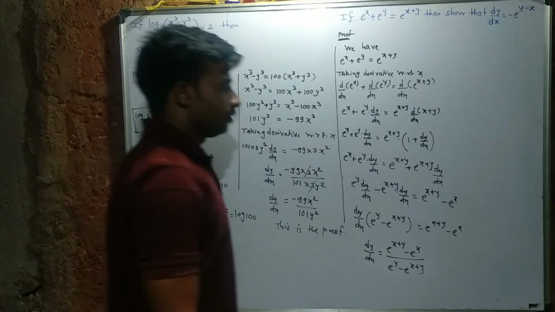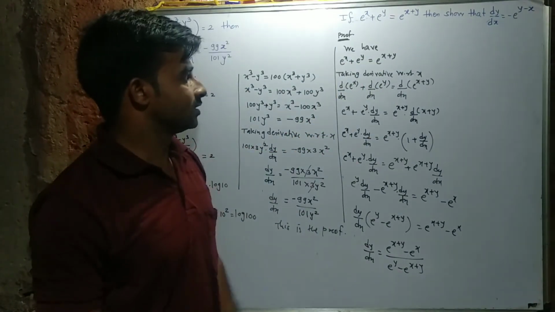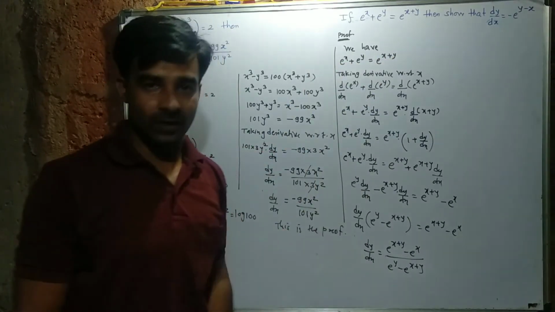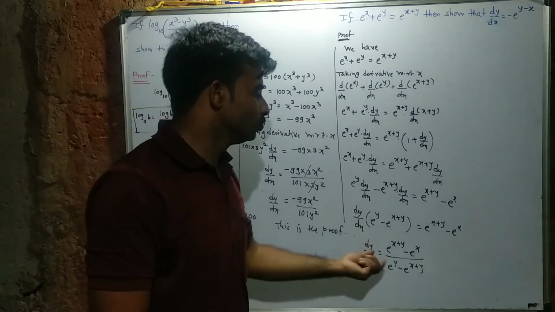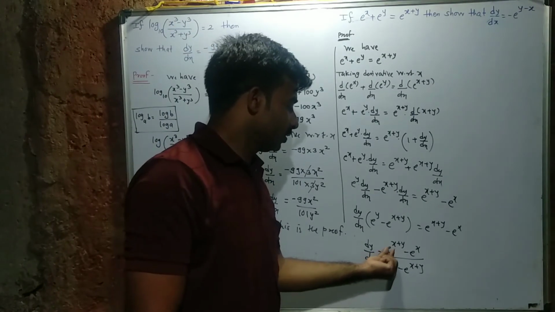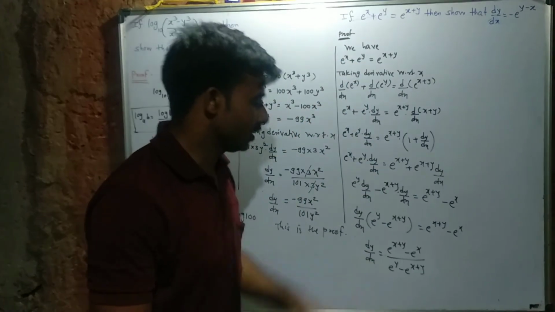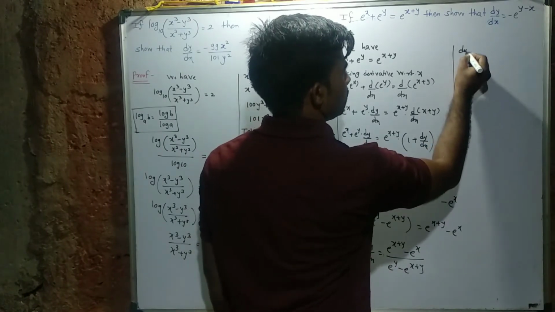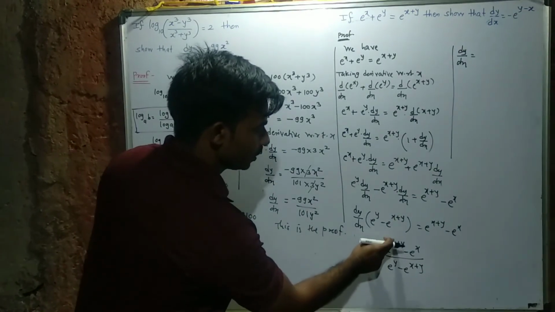Now we know from our consideration that e raised to x plus y is nothing but e raised to x plus e raised to y. That means we have to use this substitution for e raised to x plus y, which is nothing but e raised to x plus e raised to y, and then you will get dy by dx is equal to e raised to x plus y.